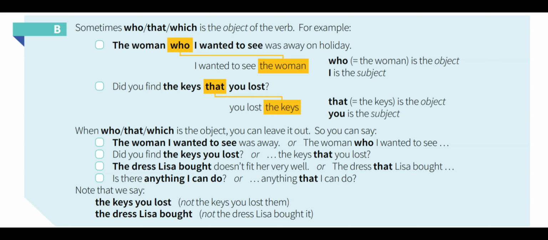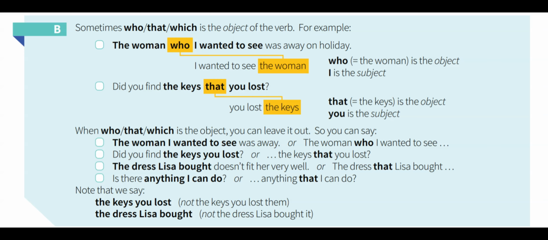Now I left out "who" because she's not the subject, but the object. So this is where we can leave out who, that, and which. If our relative pronoun is not a subject but an object, we can leave it out. But if they are the subject and not the object, we cannot leave out who, that, and which.